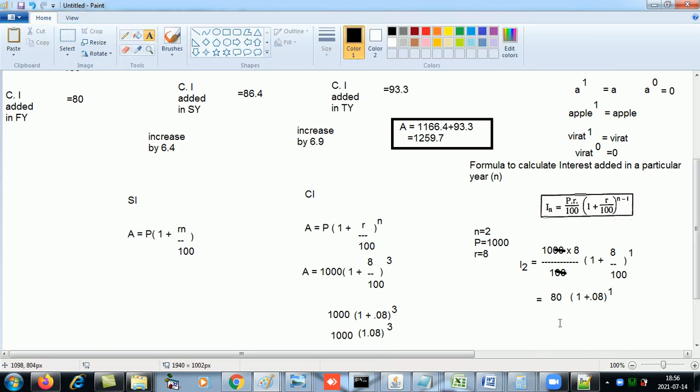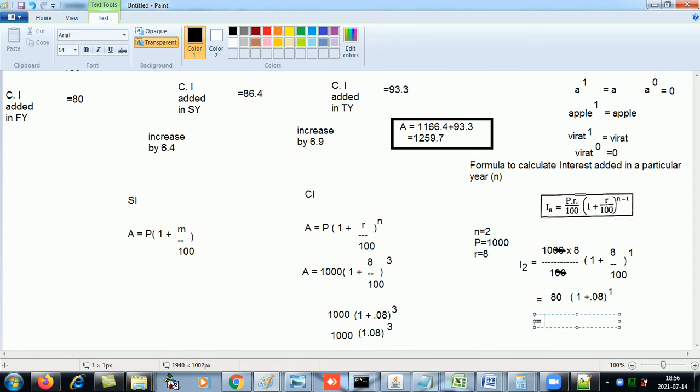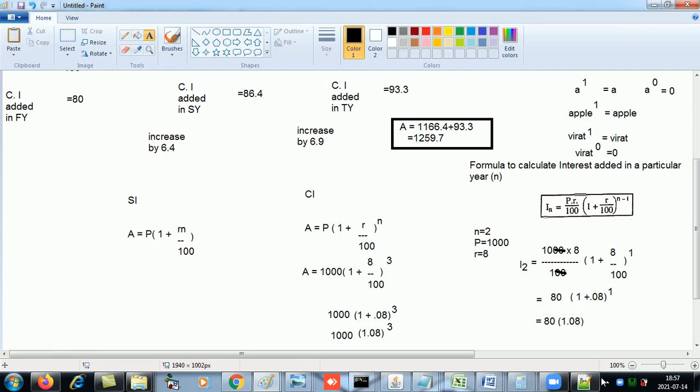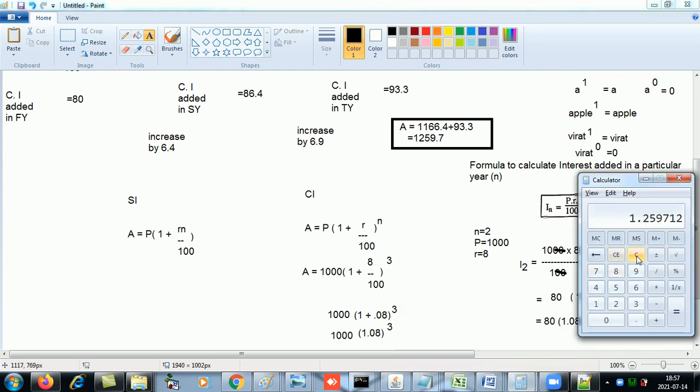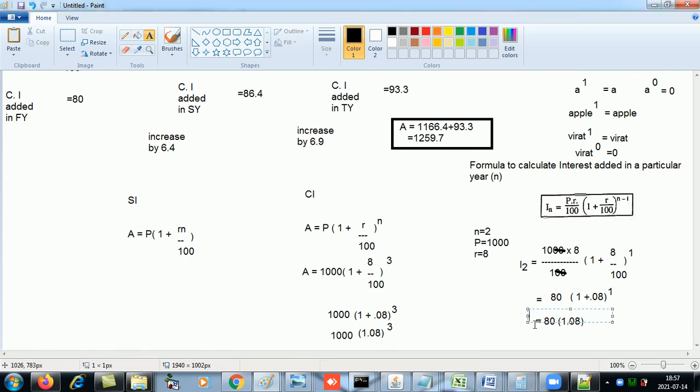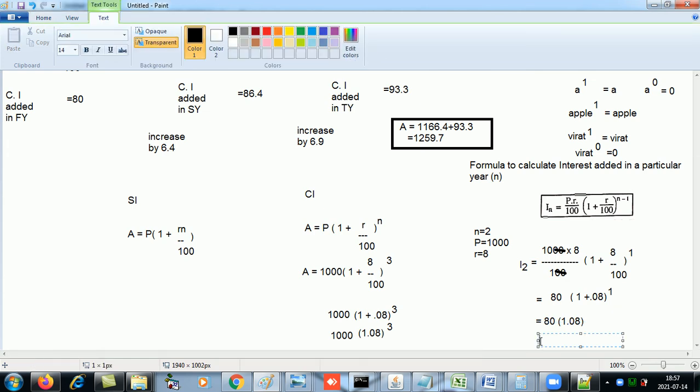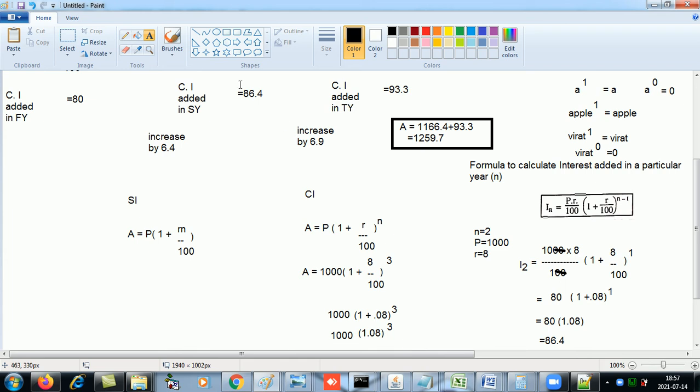So now this will become what? 80 multiplied by 1.08, because 1.08 raised to 1 is the same number. So what is it? Now just check. 80 multiplied by 1.08 will give you 86.4, which is right. 86.4 was the interest added after the second year.